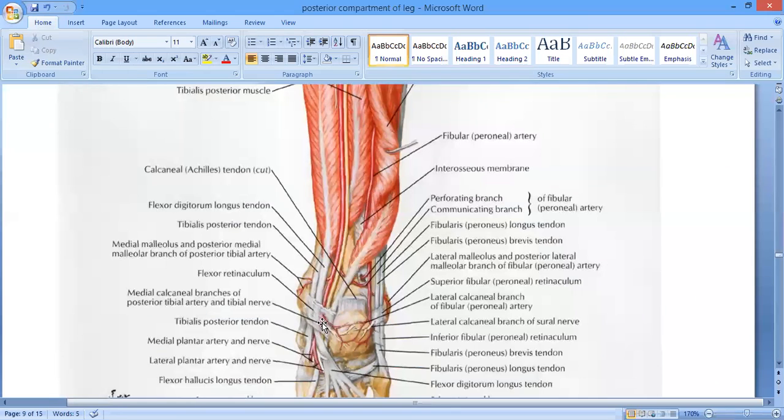Here you can see the medial calcaneal branches are going to make anastomosis with the lateral calcaneal branches of the fibular peroneal artery. Is it clear, ji?